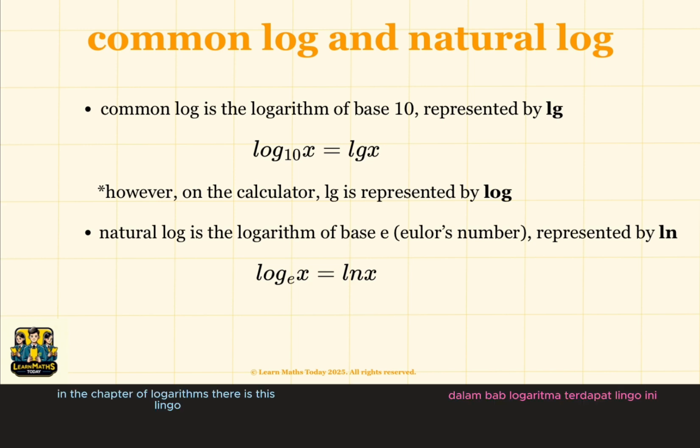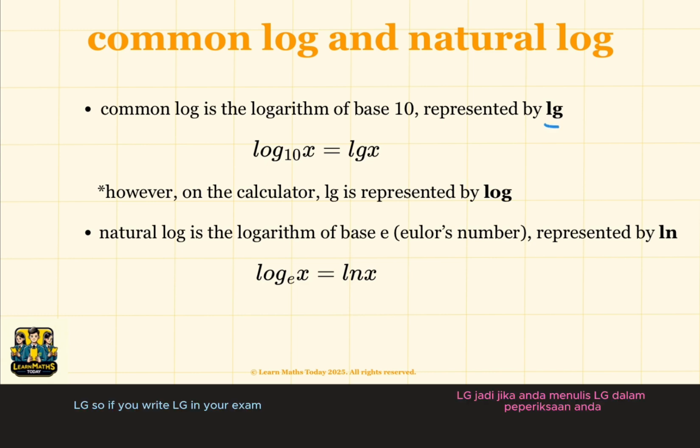In the chapter of logarithms, there is this lingo, the common log and the natural log. So what are these? What does it mean? Common log is universally known to be the logarithm of base 10, and it is typically represented by lg.